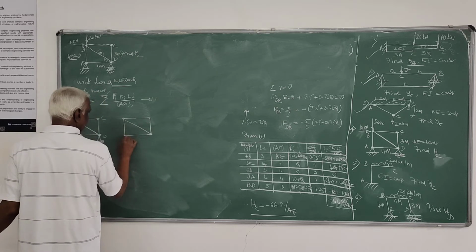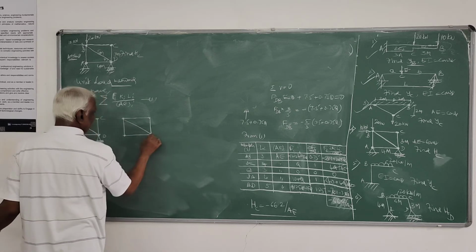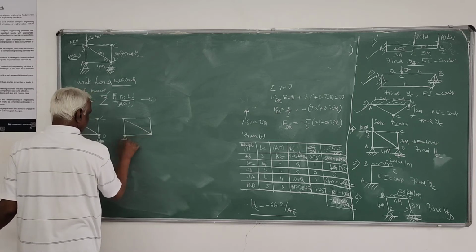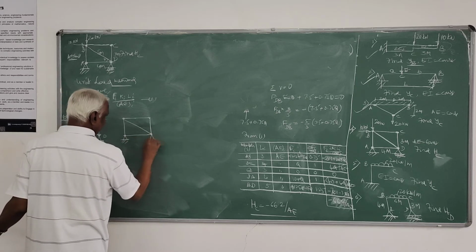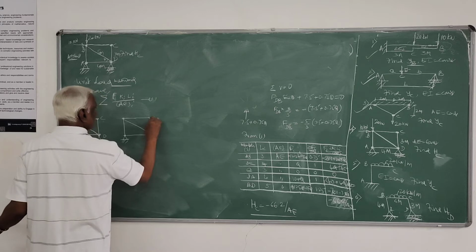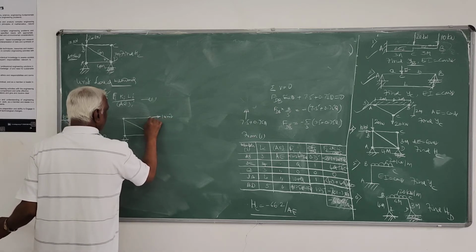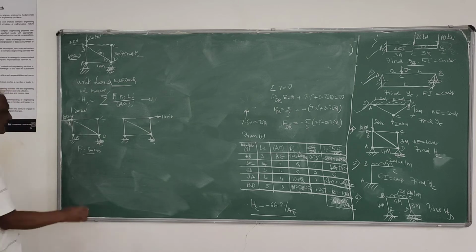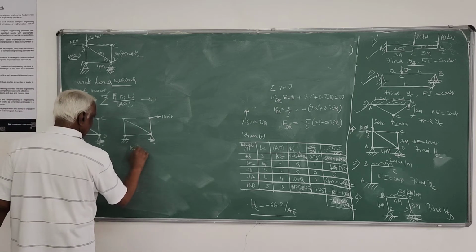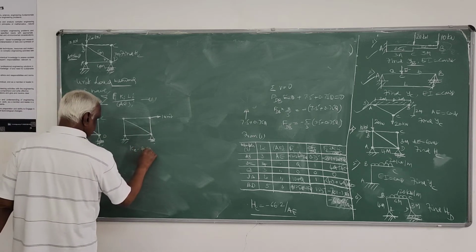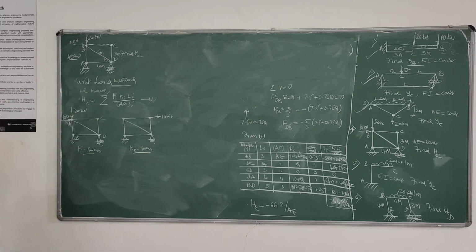For all the 5 members, you have to find these in tabular form and find the sum. Here, you have to apply a unit horizontal load like that. This is for Ki forces. We can evaluate Ki forces.